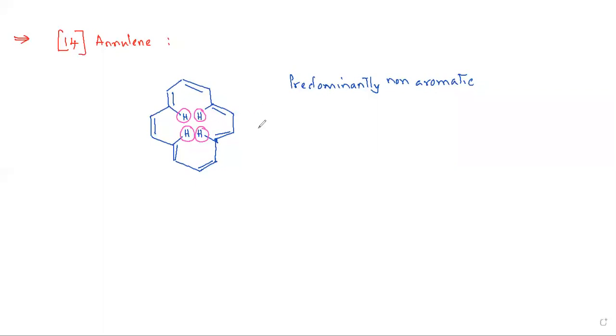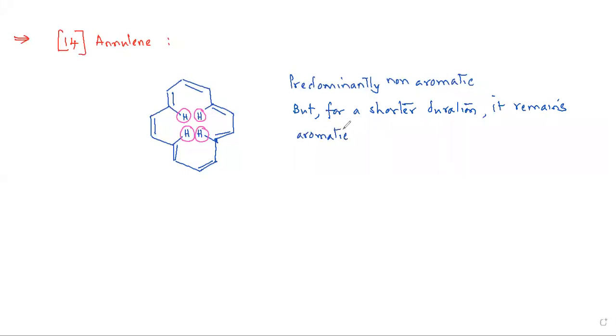But you know, at some point in time, when they are a little away from each other, I mean for a shorter duration, it remains aromatic.